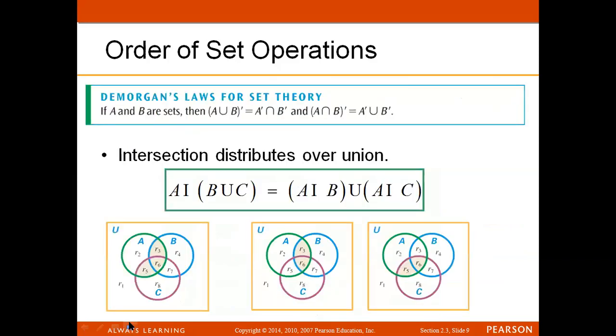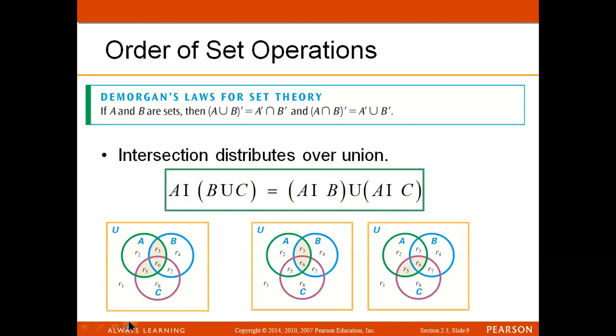Order of set operations continued. Here we're looking at De Morgan's laws for set theory. We'll use these again in logic. If A and B are sets, then if we union A and B and then take the complement, that's the same as taking the complement of each set and intersecting.